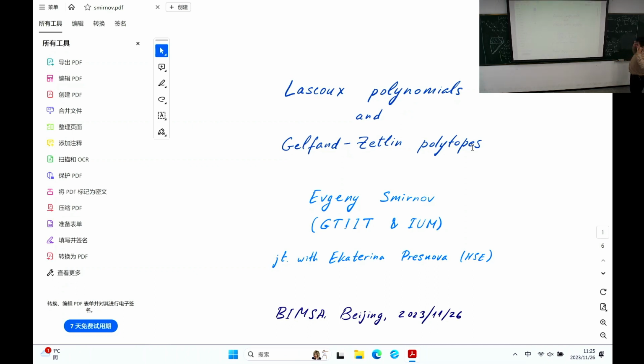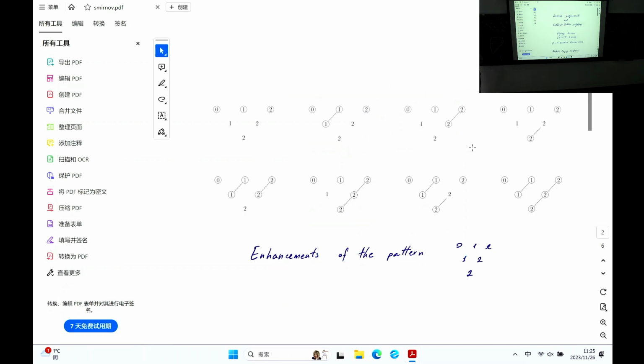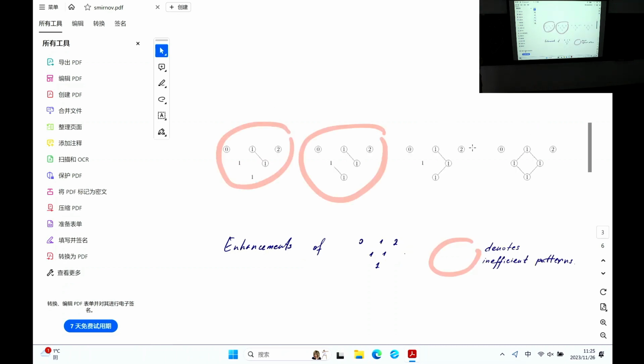There are many interpretations, but I don't know whether it was related to polytopes. This is the definition of enhanced patterns.